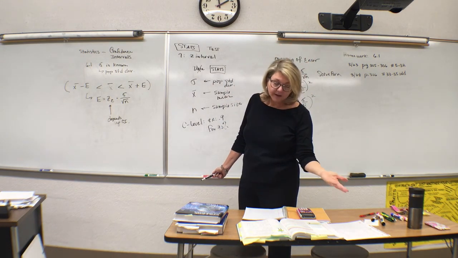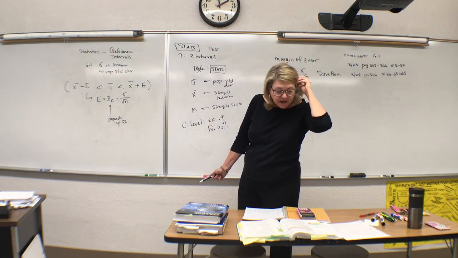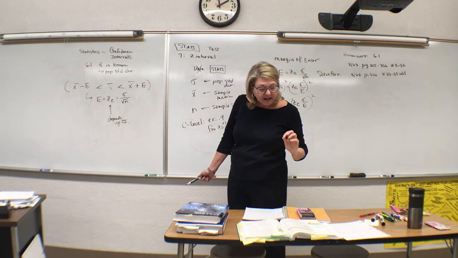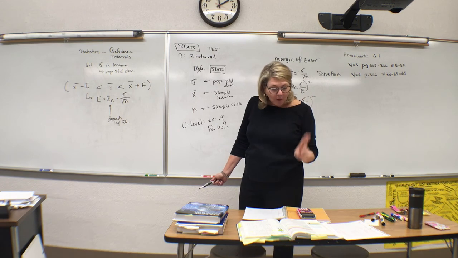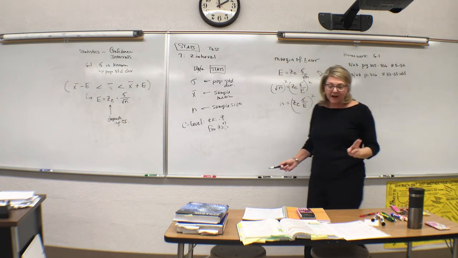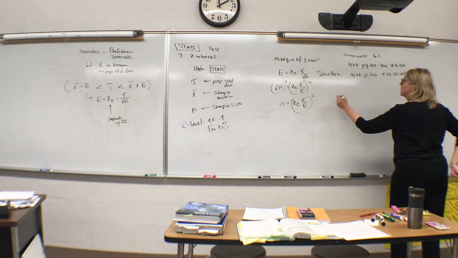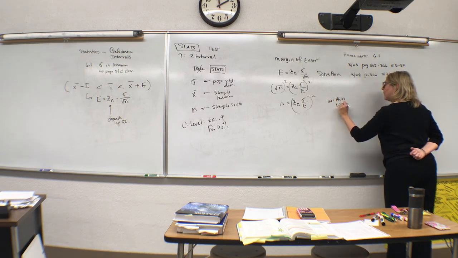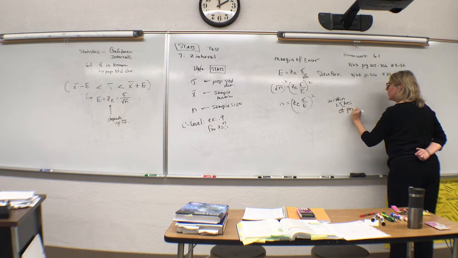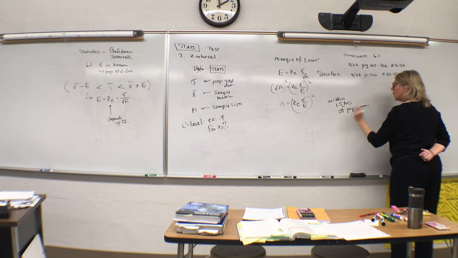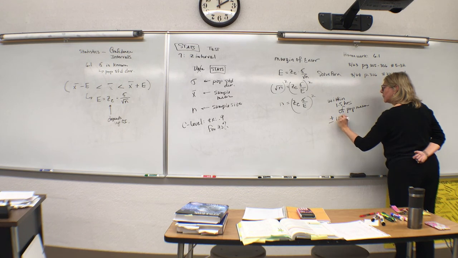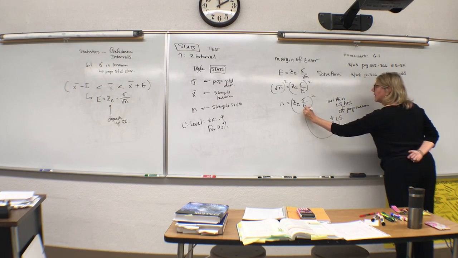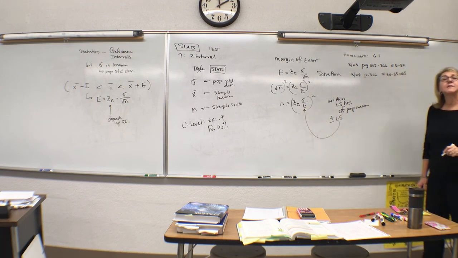We knew from a prior example that the population standard deviation had been given at 7.9, but the last piece says within 1.5 hours of the population mean. When you see wording like that, within means plus or minus 1.5. That's E. Go ahead and use the positive.